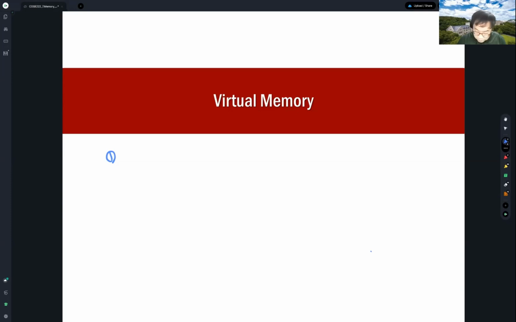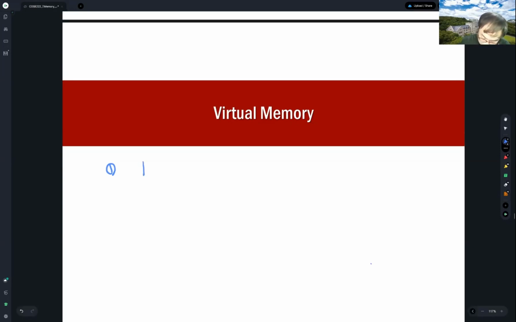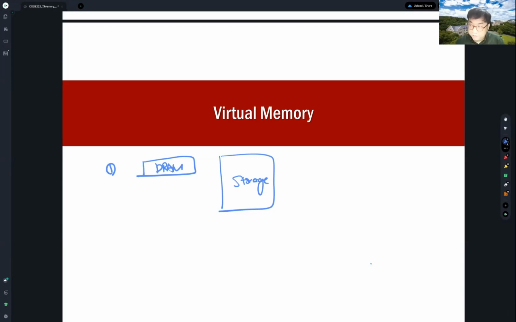So the idea is that we can use the main memory like a cache. The main memory size is very small, and the storage size is very large. The DRAM is very fast, but the storage is very slow.